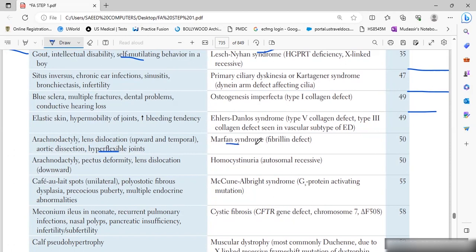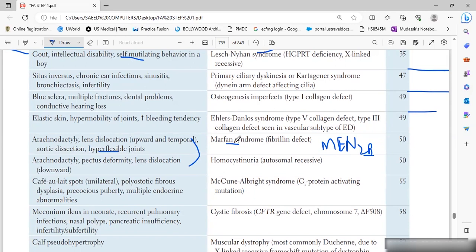Marfanoid habitus is also seen in MEN 2B, multiple endocrine neoplasia type 2B, and also in homocystinuria. So the tall height and Marfanoid habitus are seen in both.